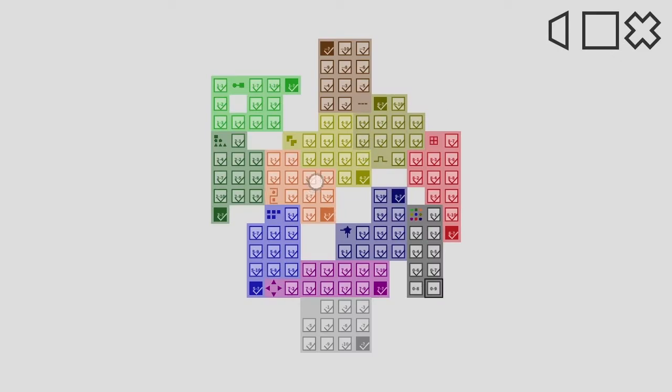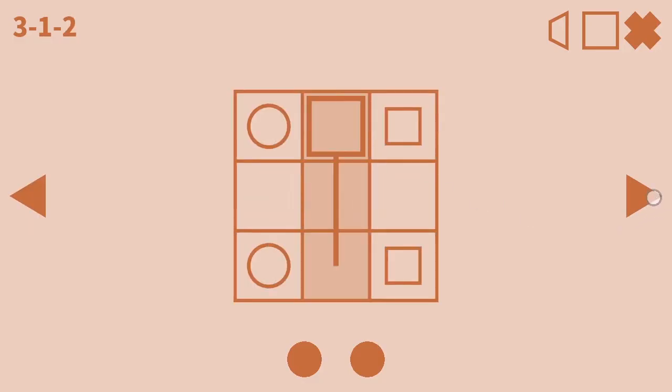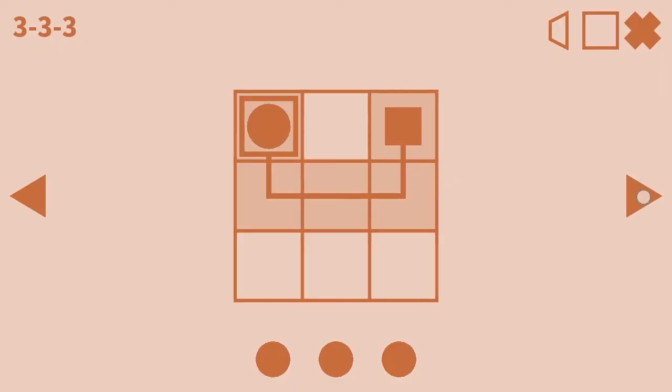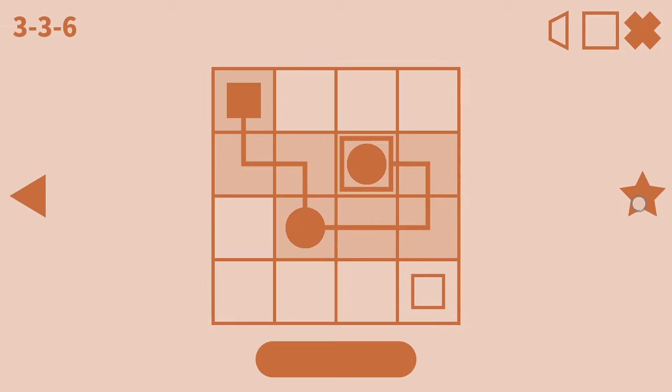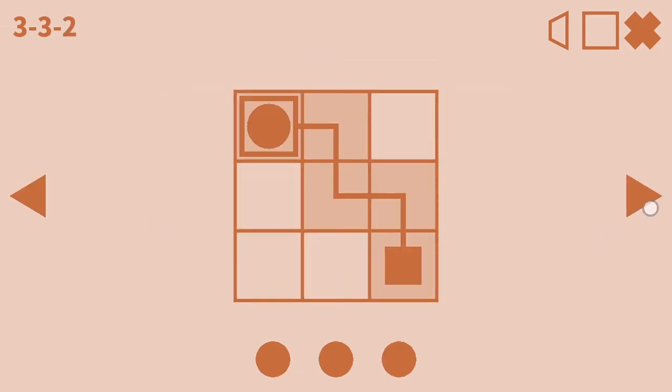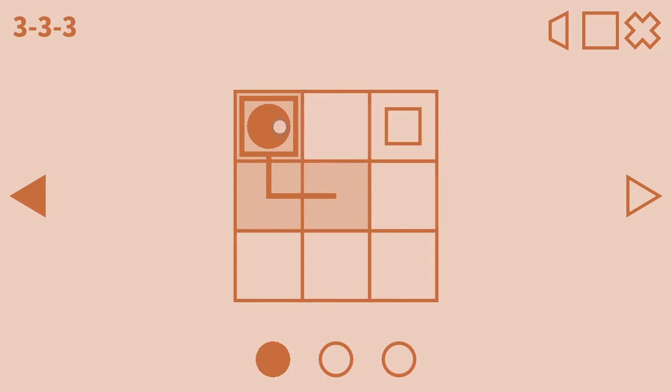Now, the thing I don't get about this is that 3 is about separating shapes into regions. I think. Not only, I guess. What even was this? Oh gosh. It's funny how you can look at a previous level you've done and have no idea why the answers are the answers. Start on circle, end on square.